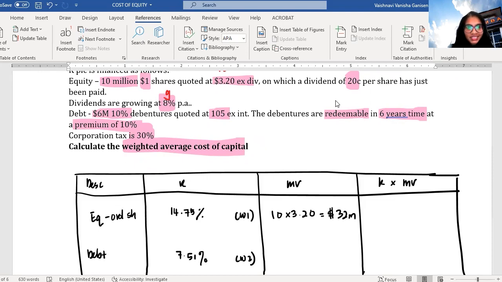And then for my debt, 6 divided by 100 multiplied by 105, 6.3 million. So 6.3 multiplied by 7.51, 32 multiplied by 14.75.